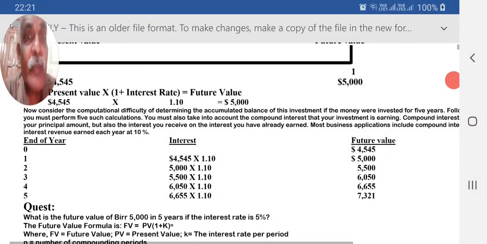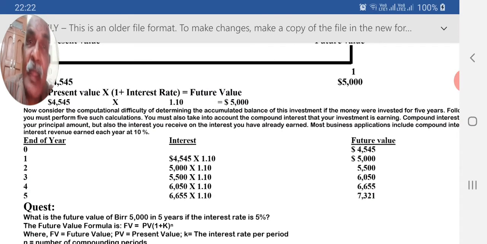Next year it is compounding, so the second year the principal is 5,000 multiplied by 1.10, which gives 5,500. The third year, 5,500 multiplied by 1.10 gives 6,050. Then 6,050 multiplied by 1.10 is 6,655, and 6,655 multiplied by 1.10 is 7,321.